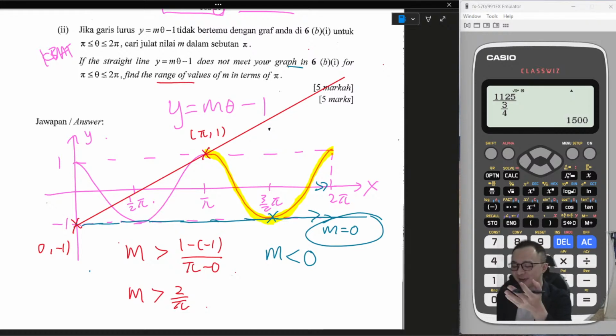But however, some examiners, if they can understand your working and it makes sense to them, then they will just give you the mark lah. Yeah, but of course some examiners I heard are very strict lah. If you meet the strict one, you must be exactly the same as the marking scheme. If you don't have the same thing as the marking scheme, then yeah, definitely you will lose some marks lah.